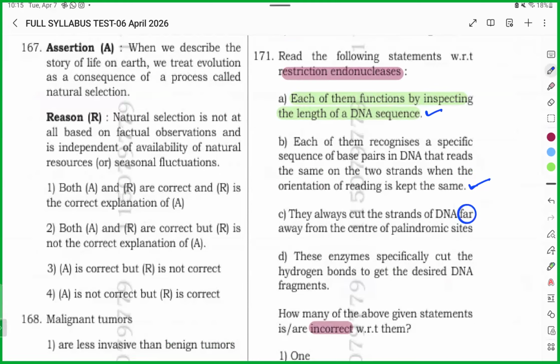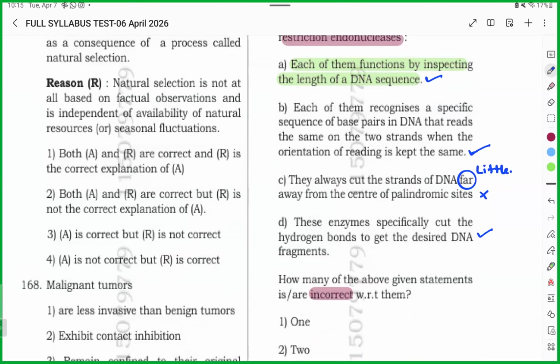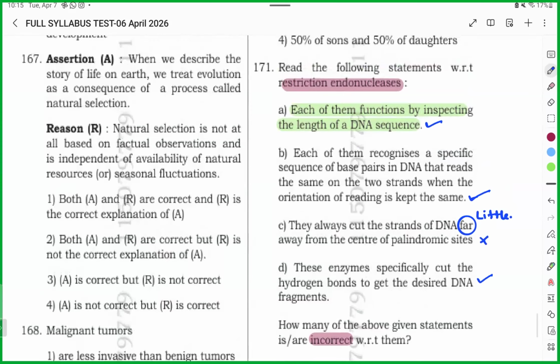False. The statement was a little away from the palindromic sequence, not far away. Then Aditya: these enzymes specifically cut hydrogen bonds to get the desired DNA fragment. True.